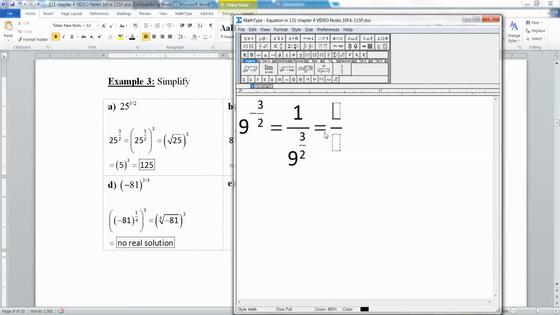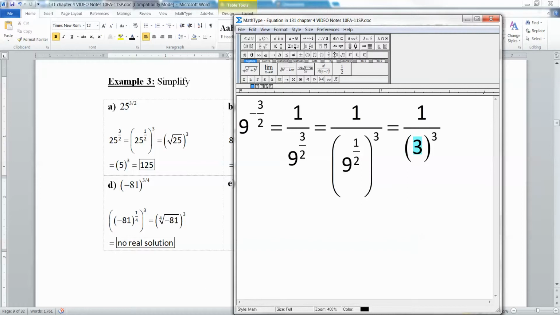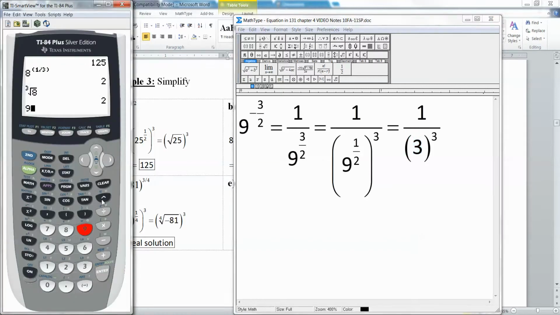Okay, so then this is 1 over, you want to take 9 to the 1/2, to the 3. That's equal to 1 over, now what is 9 to the half? Hopefully you know it's 3, but if you don't, you could find it with your calculator. 9 to the 1/2.